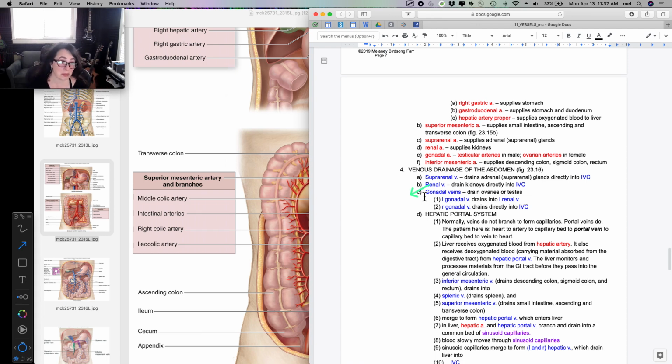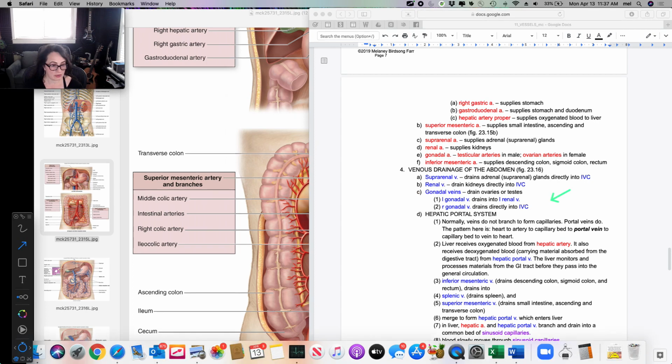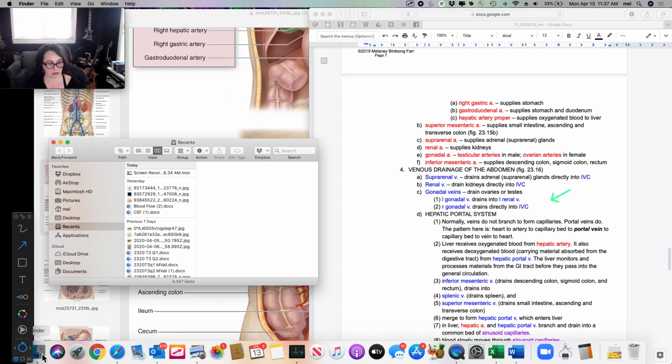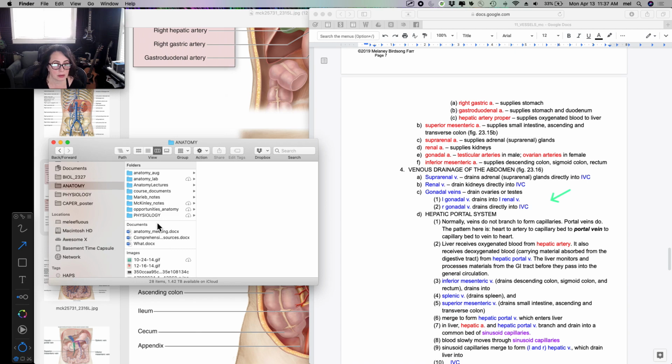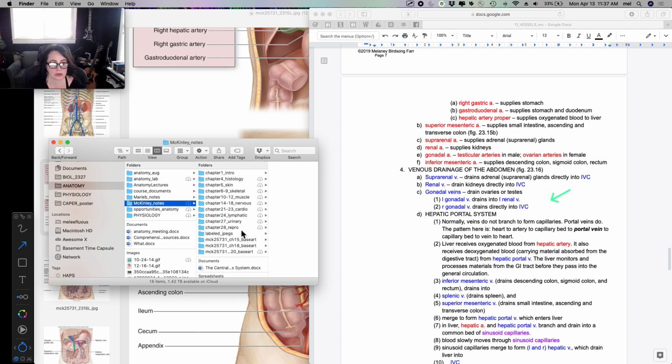So you will probably have to write about it for your 4th exam. It may be a take-home portion, but I do love hepatic portal circulation, and I've got a video. Forgot to bring it up for you. Let me bring it up for you. Got a video I'm going to show you with hepatic portal drainage.